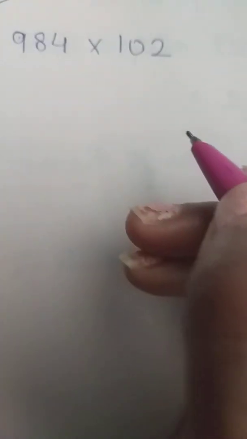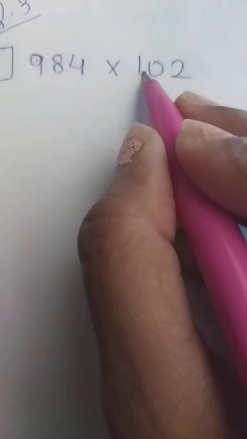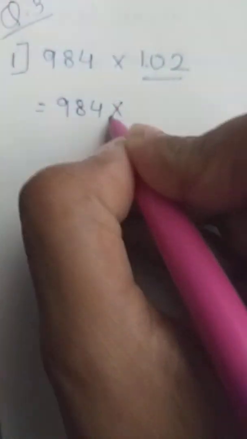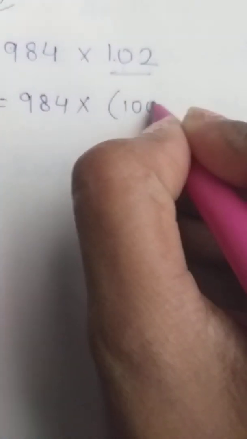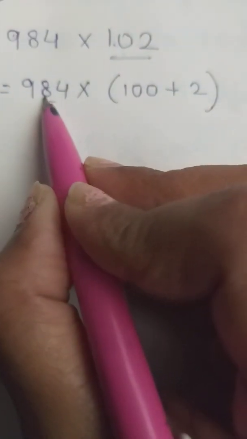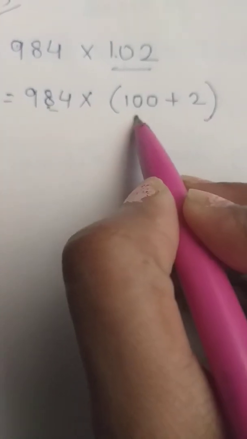So here we're going to solve question number 3. First question, 984 multiplied by 102. Okay, so this 102 we have to use as a distributive law. What we'll do, we'll expand this number: 984 multiplied by 100 plus 2. I have expanded the number. Now 984 multiplied by each number.